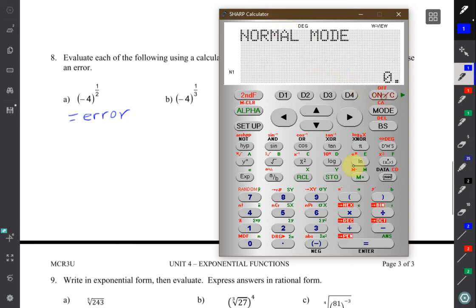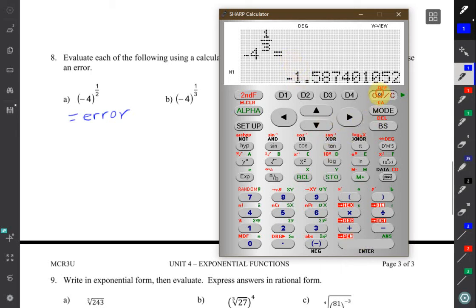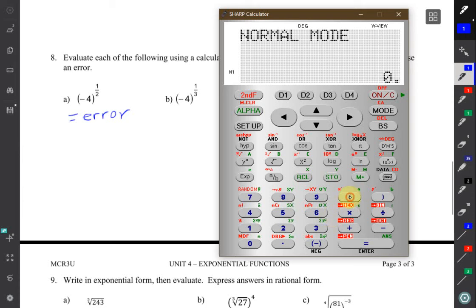Minus 4 to the exponent 1/3, and I forgot to put that in brackets. Minus 4 to the exponent of 1/3 gives me minus 1.59.